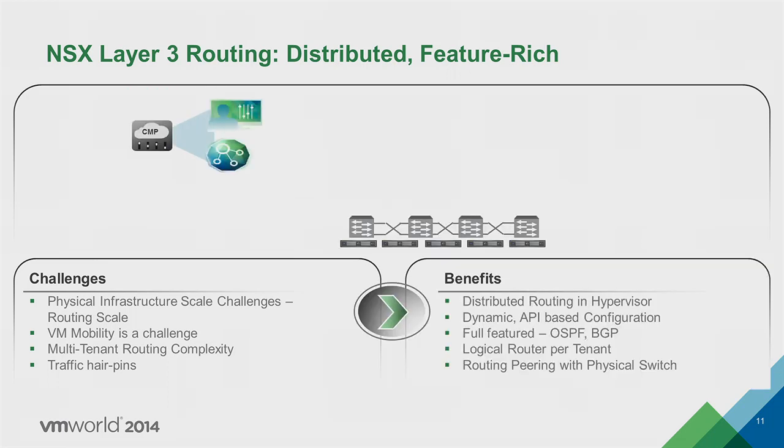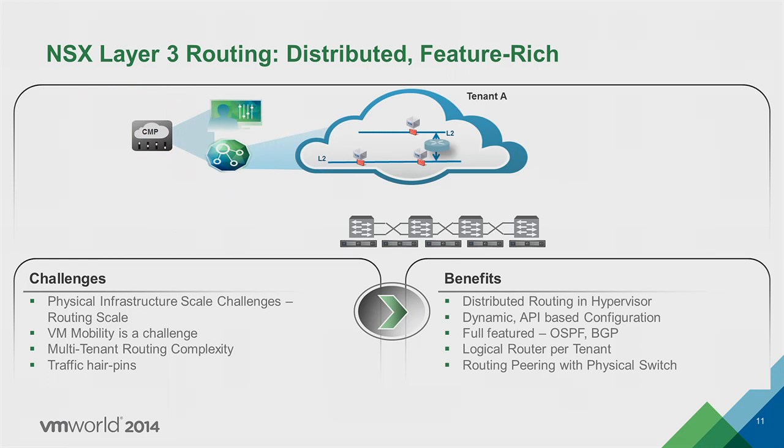So our solution here with NSX is to take that centralized routing model and move the default gateway to the network edge within every hypervisor participating in an NSX transport zone. So what that means is virtual machines will see the same virtual MAC address as their default gateway, regardless of which hypervisor they're running on.